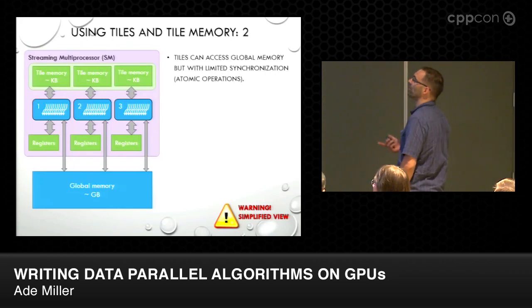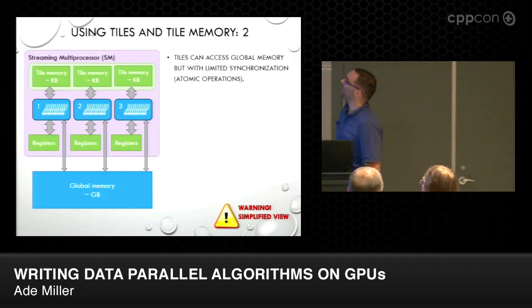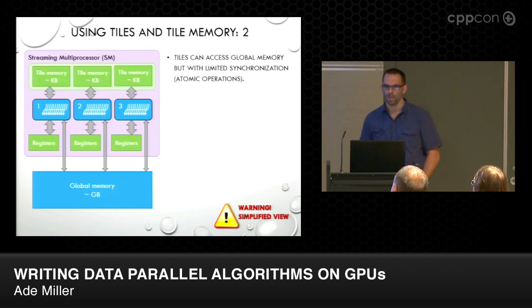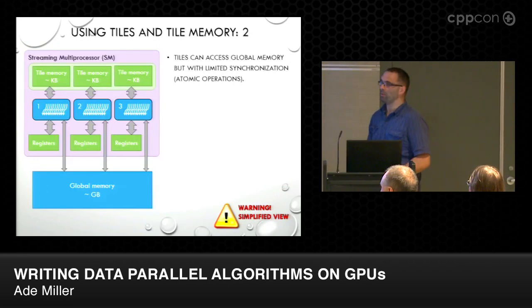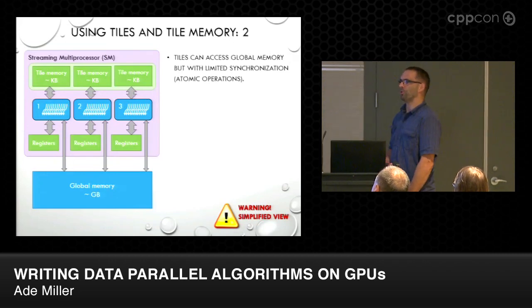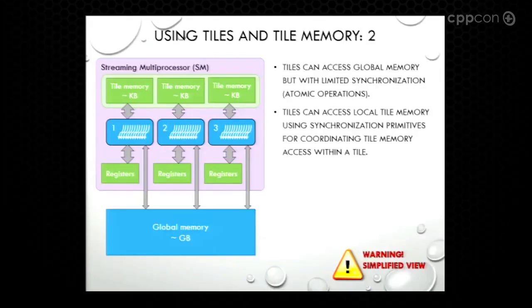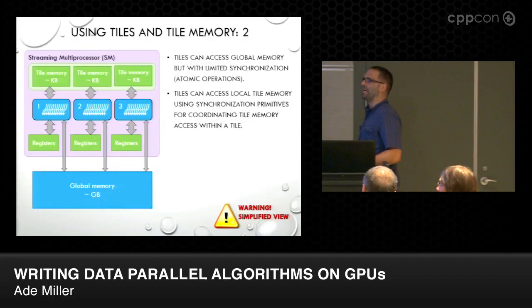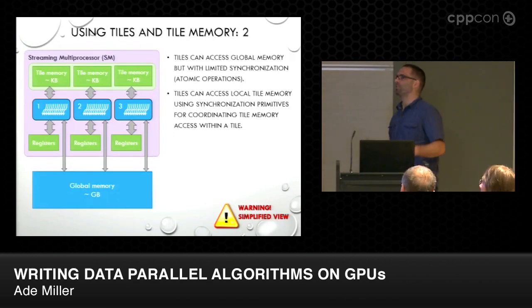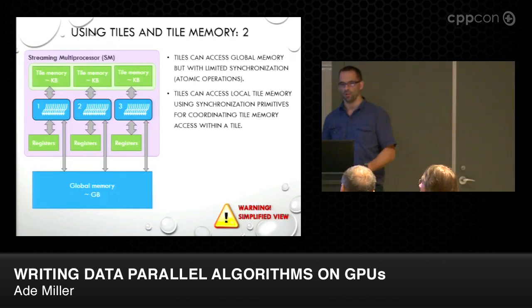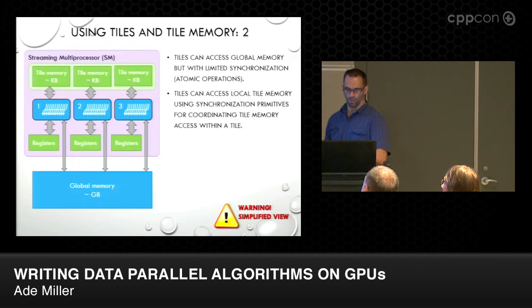So I have barriers that we'll be using later. I can synchronize access to global memory, but only with these limited atomic operations, which we try and avoid because in general they're expensive. Tile memory you can have barrier primitives within your tile or block to allow you to say, well, I want to wait here in this tile until everything has got to this point, which you'll see comes in super useful in a minute. But remember, the tiles may run in any order.